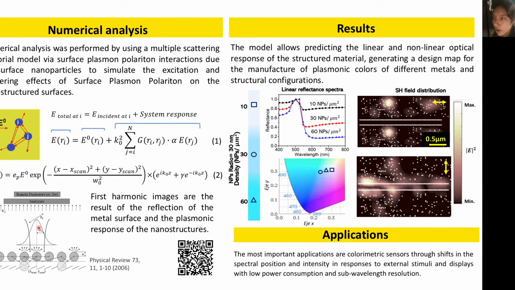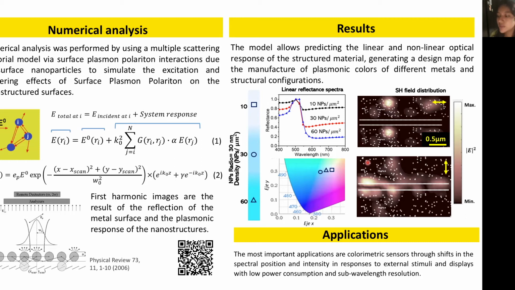One of the objectives of the investigation was to simulate images of the first harmonic, which considered the reflection of the metal surface and the plasmonic response of the nanostructures. These two elements characterize the light reflected by this material, and this reflection spectrum can give us a color result.